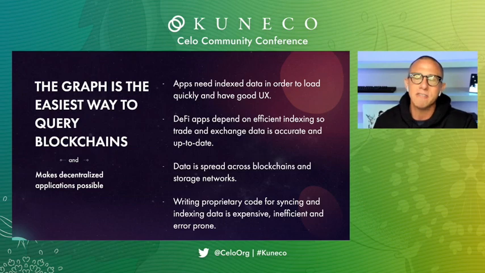First of all, it's very inefficient to query data directly from the blockchain. And therefore, people are coming up with their own centralized solutions often to solve this problem. So they're building out their own indexing servers and they're managing them themselves. And what this does, though, is it breaks the core fundamental ideas of what decentralization is.